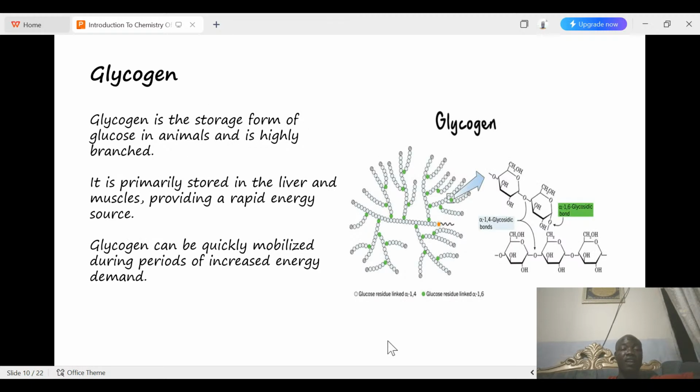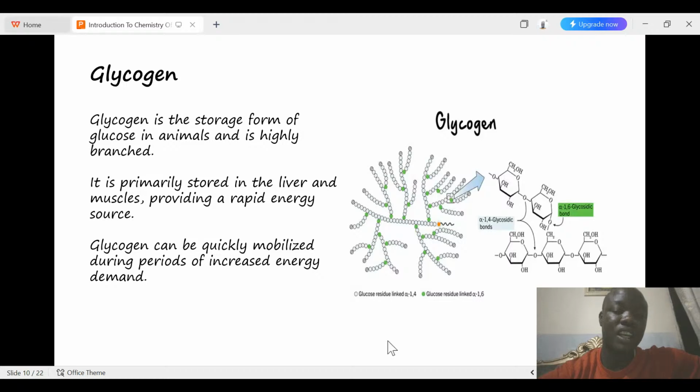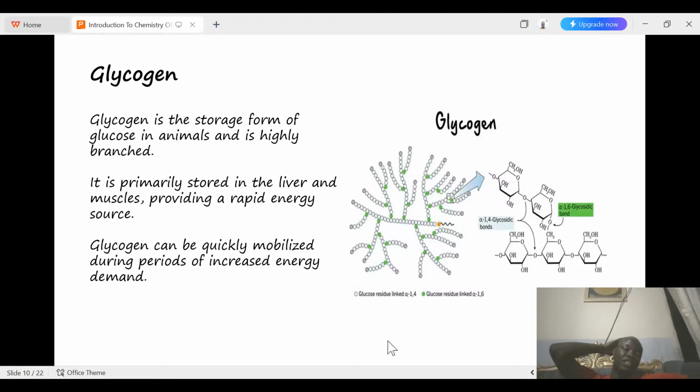So then the next thing is, of course, glycogen. Glycogen is a storage form of glucose in animals and is highly branched. It is the usual stored form of carbohydrate or glucose in our body, in animals, and we are animals.